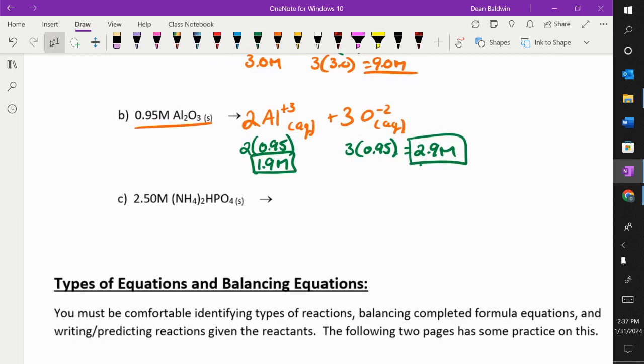What is what? We're taking this solid, dumping it in water, and it breaks up into its ions. Because for every molecule you have here, there's 2 aluminums, right?